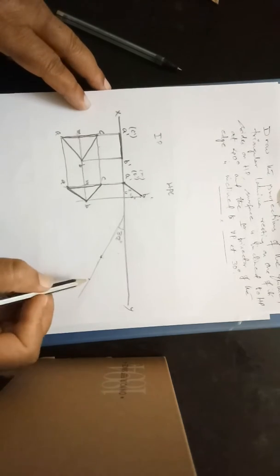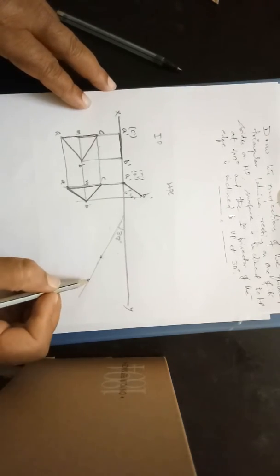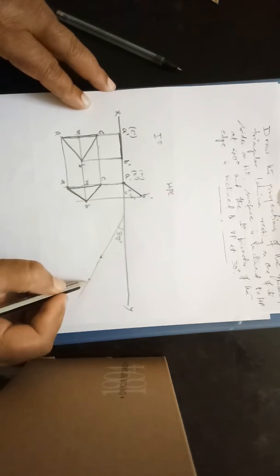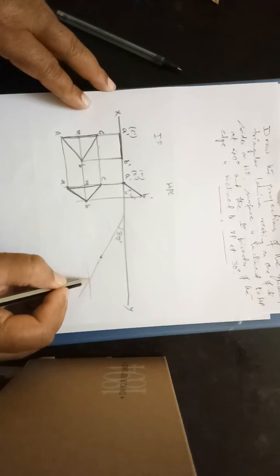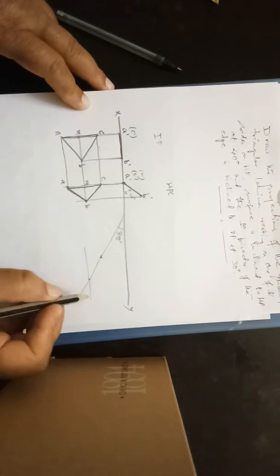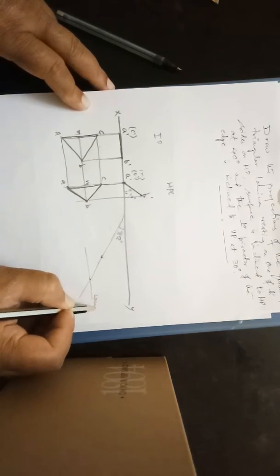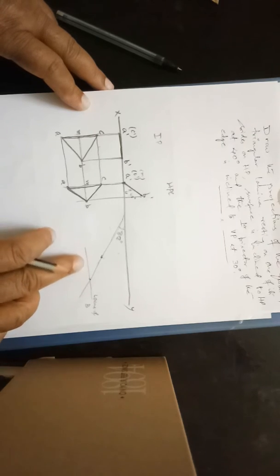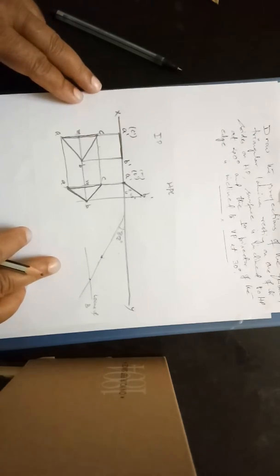Now how to find the apparent inclination? As you can remember, in projection of lines, we have drawn the locus of B. We can call it locus of M or locus of B here. So this is the locus of B. If you don't remember, please go through what we have done in projection of lines.